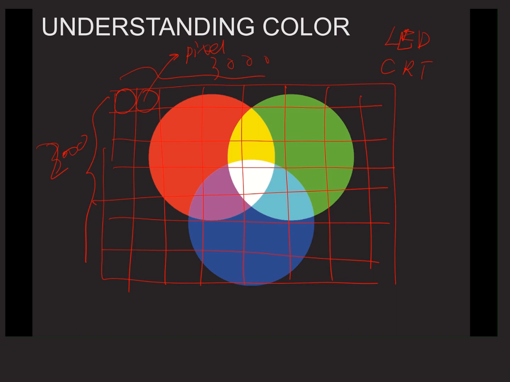They shoot electrons, which hit and then produce different colors and light up different pixels. But now we use LED, which gives a higher resolution. So the idea is that we assign different colors to each pixel of a screen to form an image. This is how it works.